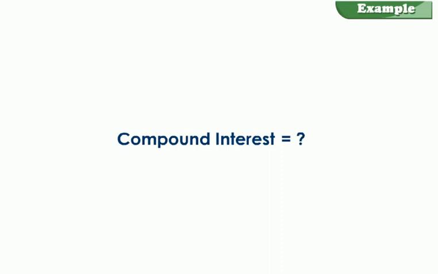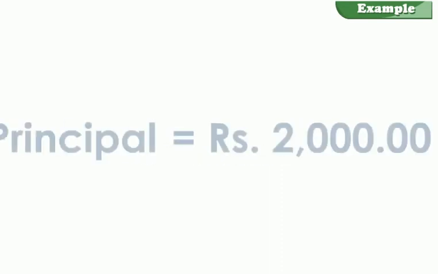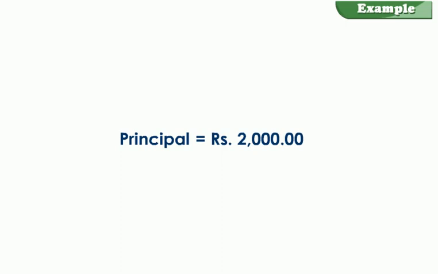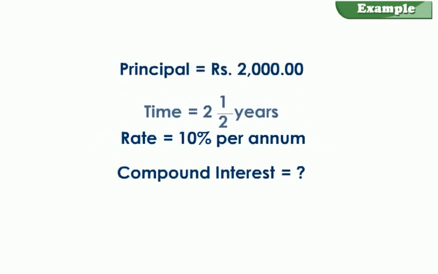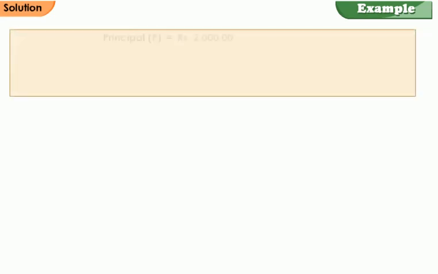Students, here principal P equals rupees 2,000, time N equals 1 by 2 years and rate R equals 10% per annum. We have to find the compound interest.